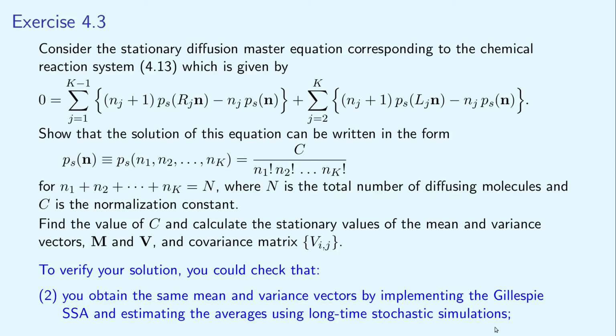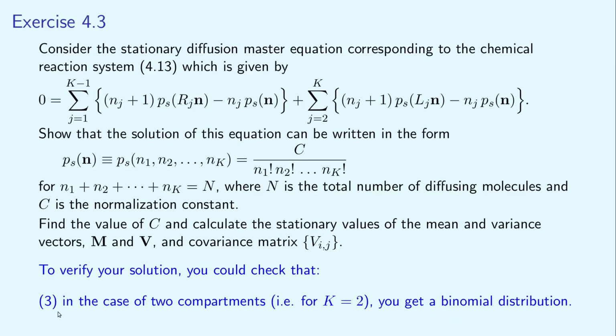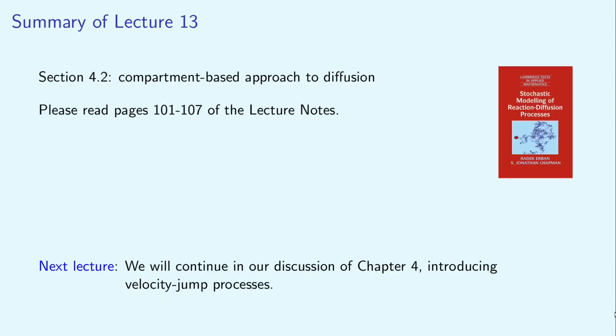You could check that you obtain the same mean and variance vectors as you get by the theoretically derived formulas. Finally, you could check that in the case of two compartments, that is for k equal 2, you will get a binomial distribution, which is a standard result for a reversible reaction A goes to B and back.